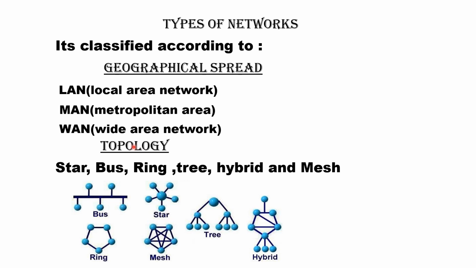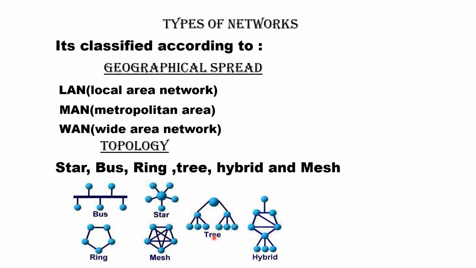something like that. And then there's the topology, which is the star, the bus, the ring, the tree, and the mesh. As you can see in the bus topology, the network has a structure of a bus. In the star topology, the network has a structure of a star with one server and different clients depending on the server.